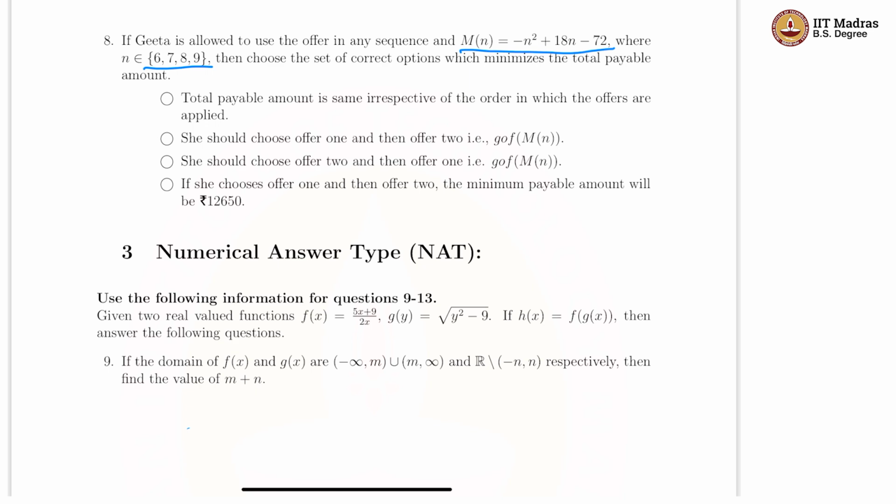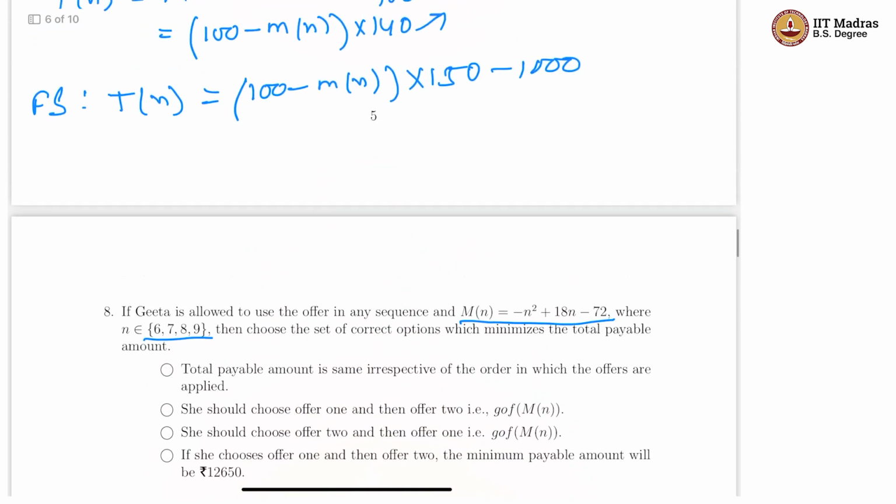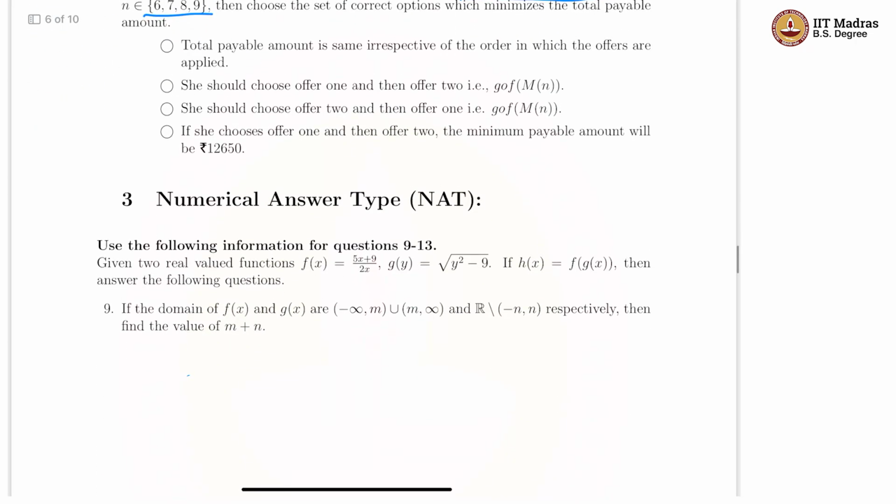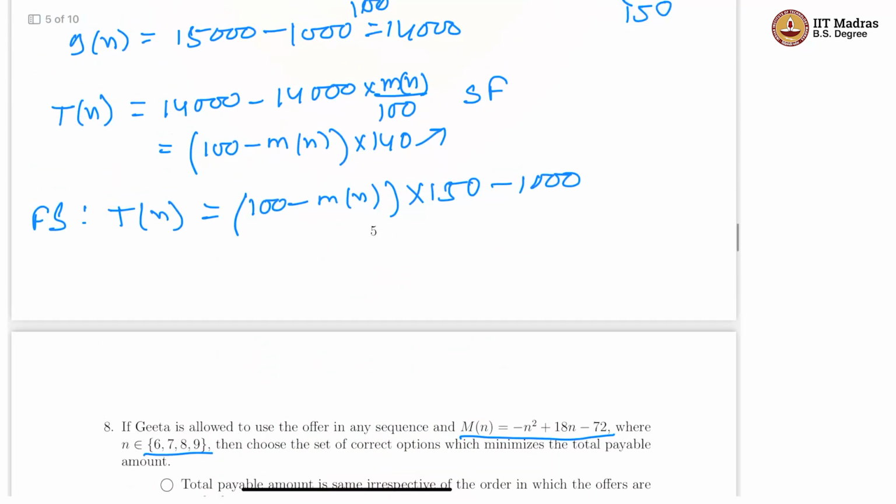Okay, so let us look at the options. The total payable amount is same irrespective of the order. G compose F, that means we are applying G first, then the first offer first, then the second offer. So G compose Fn will be this one, right?